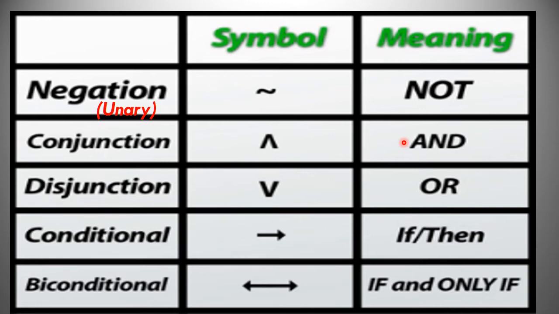That is, if two simple statements are combined into a compound statement, and the connective used is and, then we can say that it is a conjunction, and symbolically we refer to it like this. Okay. Next is disjunction. Disjunction means the keyword is or. If you have two statements P and Q, then we can write it as P or Q.